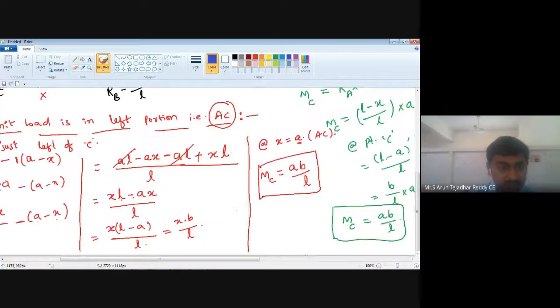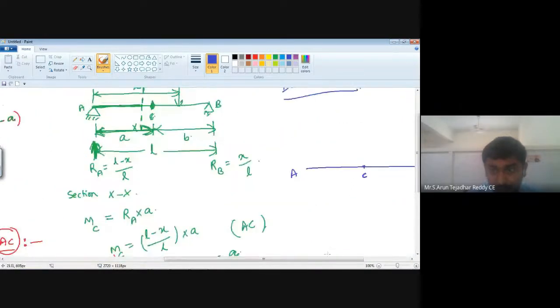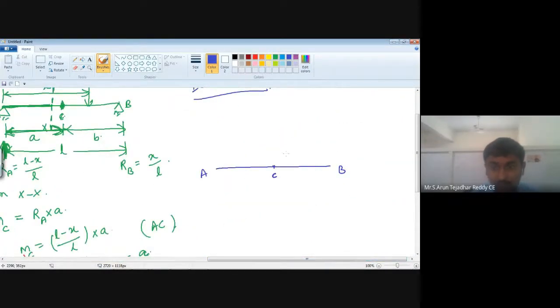In the first case, unit load is acting on the left portion. So in that we got MC is equal to AB by L. It means a positive value. Positive means above the beam at point C.